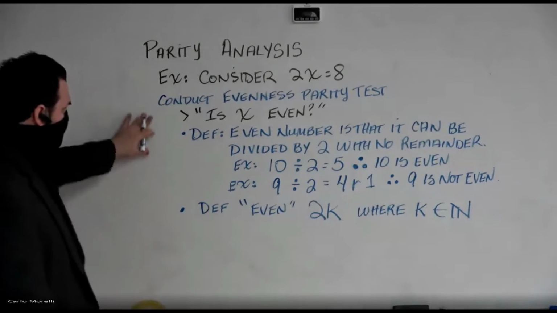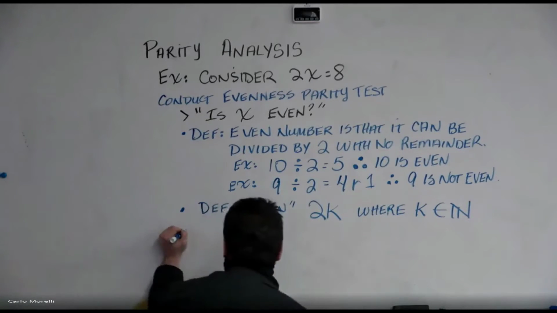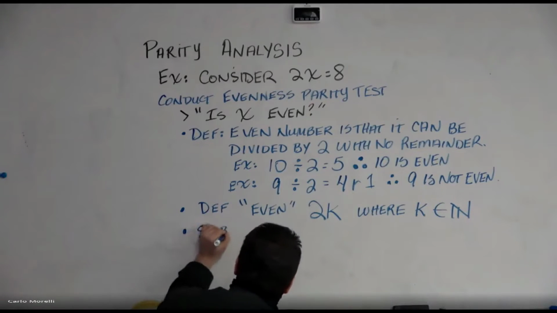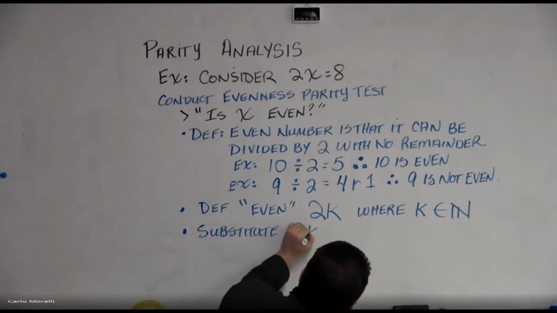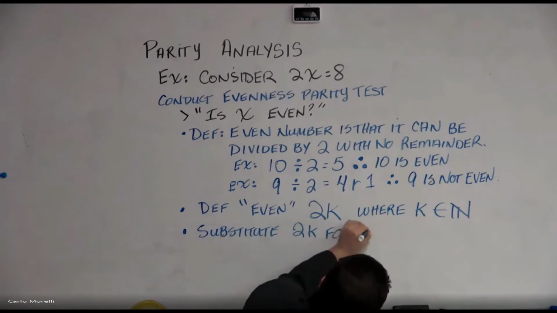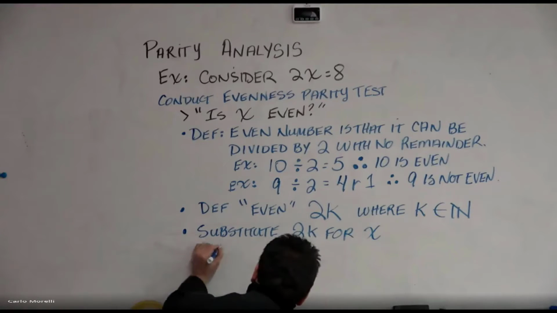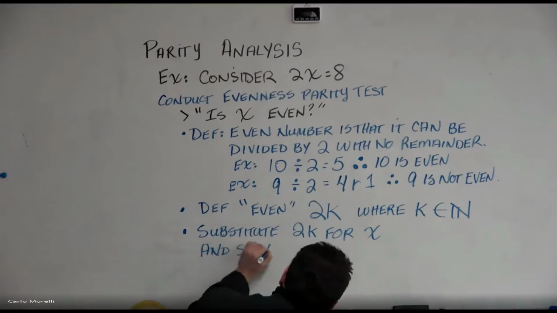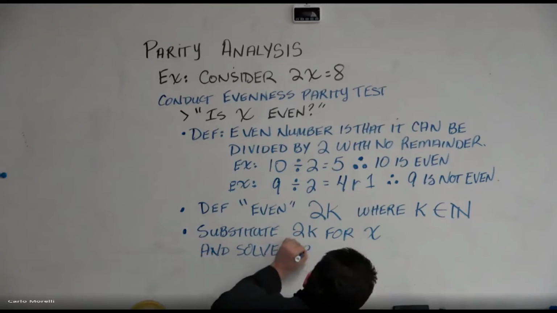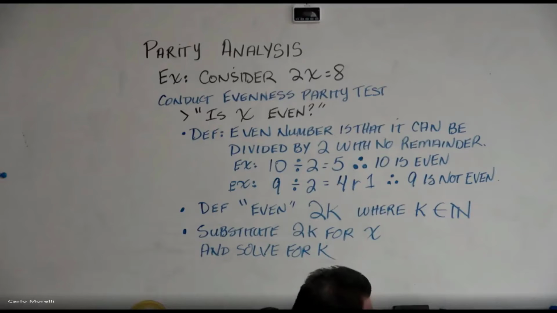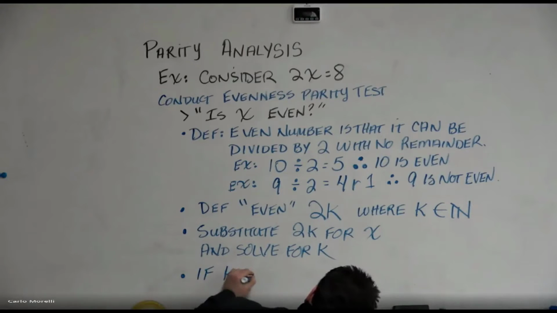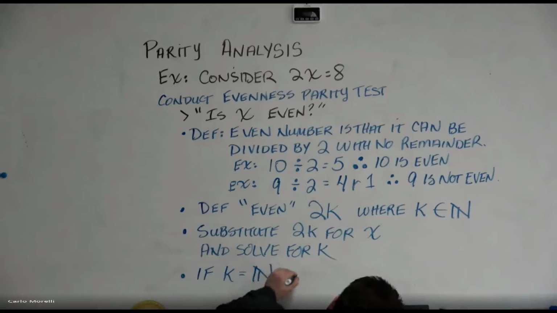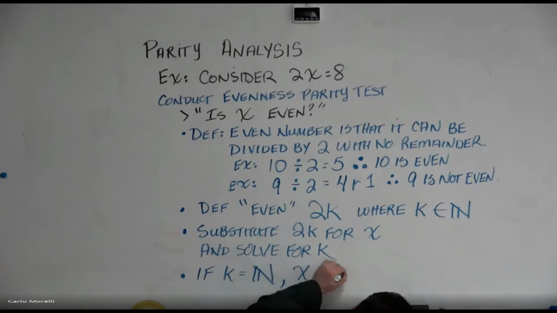Okay, so here's what we want to do. Our evenness test is to substitute 2k for x and solve for k. I know that looks complicated. We'll do it in a second. If k equals an integer, any integer, then x is even.